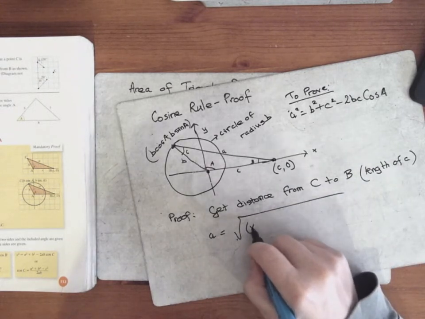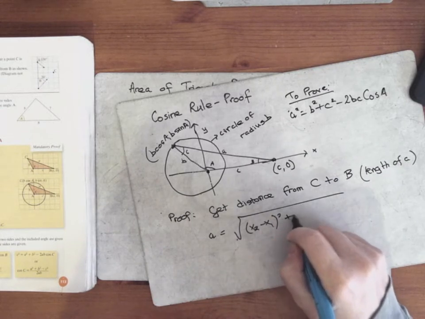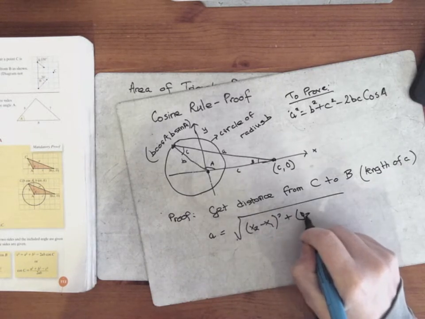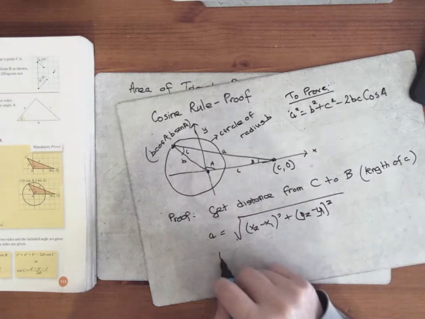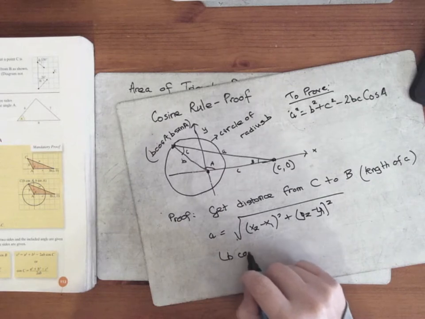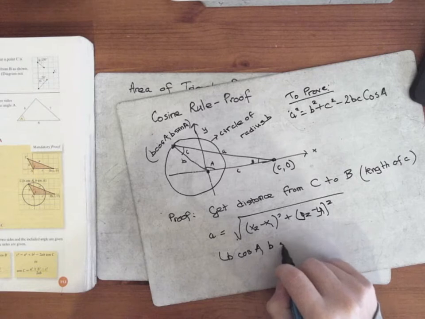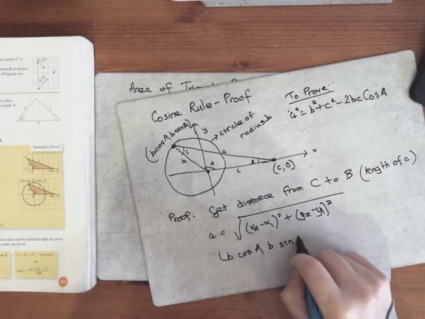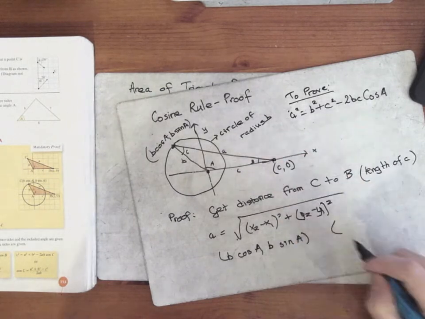I'll just write down the formula first: x2 minus x1 squared plus y2 minus y1 squared. So this is the first point, b cos A, b sin A. And the second point is over here, which is c, 0.